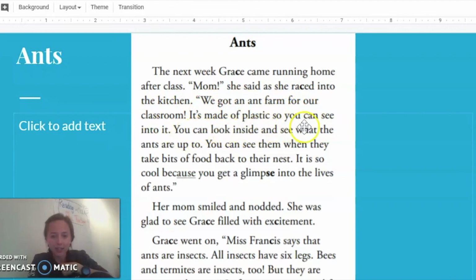"It's made of plastic, so you can see into it." Your turn. My turn. "You can look inside and see what the ants are up to." Your turn. "You can see them when they take bits of food back to their nest." Your turn. "It is so cool because you get a glimpse into the lives of ants." Your turn.